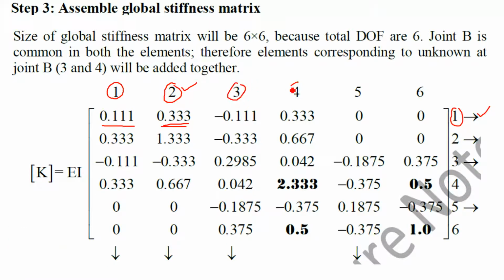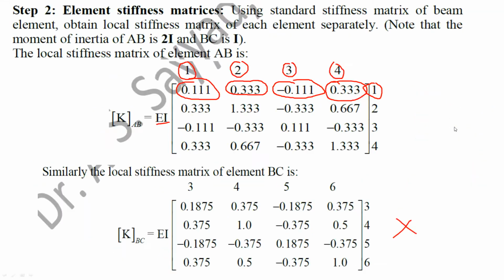Now if you look at 5 and 6 with row 1, the column 5 row 1 and column 6 row 1 combinations are not present in either of the two matrices, AB as well as BC. There is 5 and 6 here but there is no 1, and there is 1 here but there is no 5 and 6.